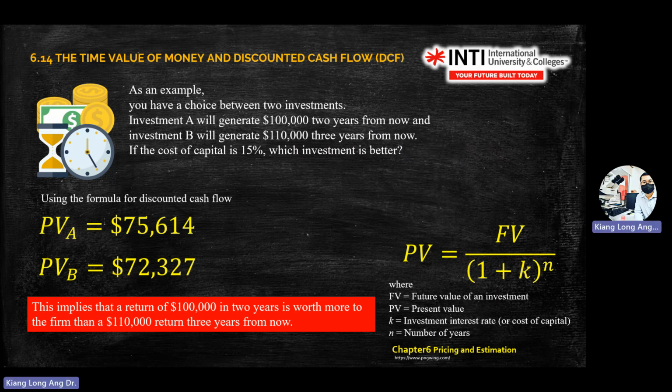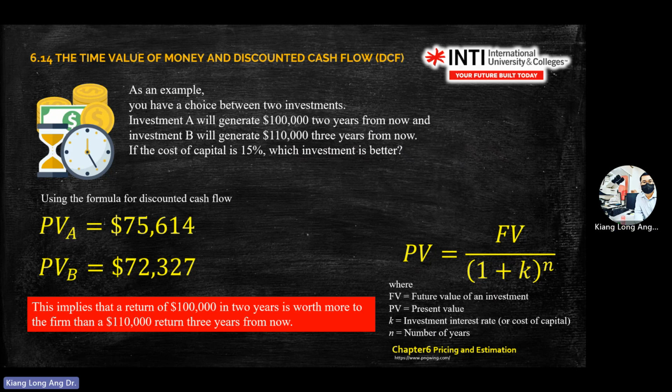I'll do the simple calculation for you. You invest in A, you invest 75K. B, you invest 72K. A, you need only 2 years. How much do you get? 100K. This one, 3 years. You get 110K. How much profit do you get? 75 to 100, 25K, right?